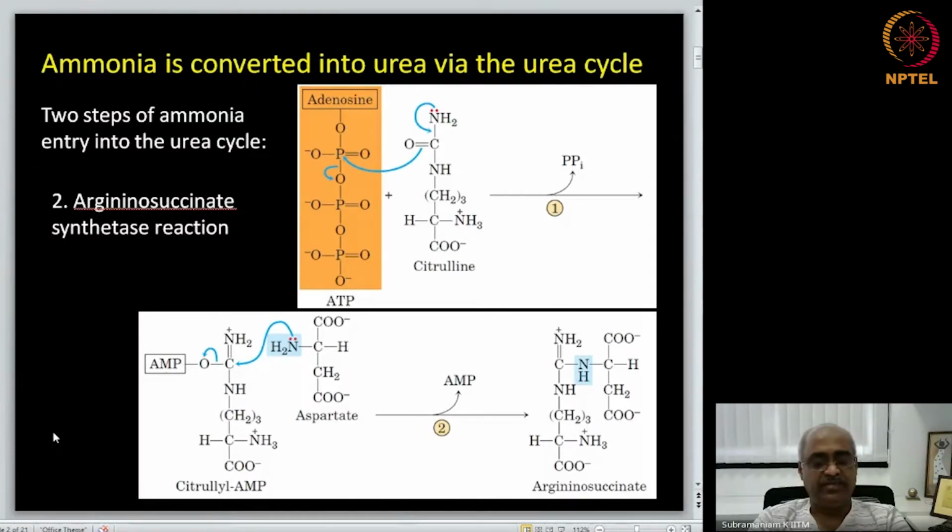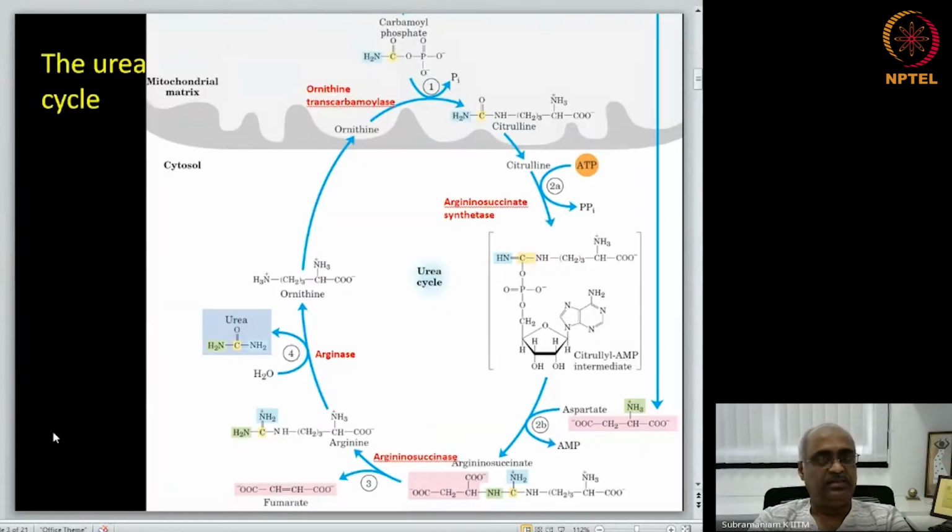Now let us look at the urea cycle itself. Here this shaded portion is mitochondria. So this reaction happens inside the mitochondria and these steps in the cytoplasm. The first step is the carbamoyl phosphate we just saw, the very first set of three reactions, where the carbonic acid is activated and forms carbamoyl phosphate by combining with free ammonia.